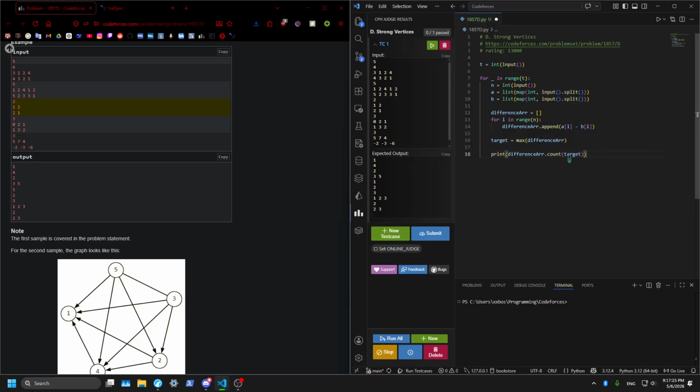And then what do we need to print out? We need to print out an array. We can do this.